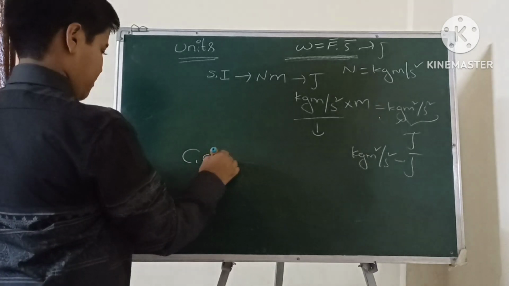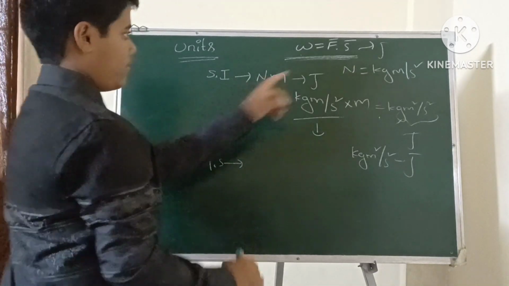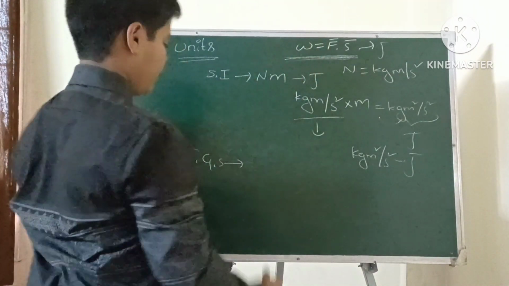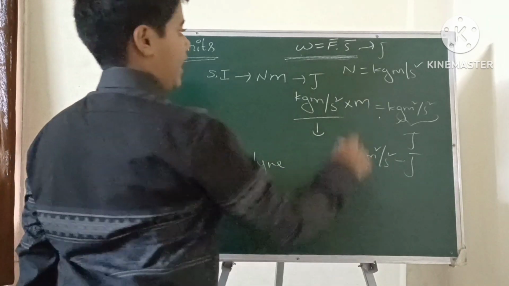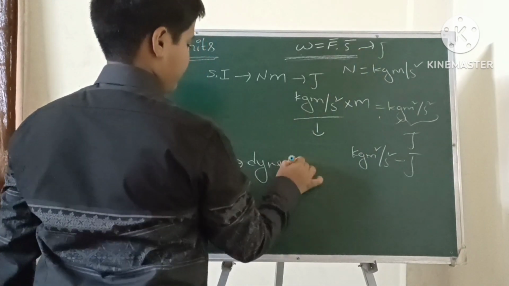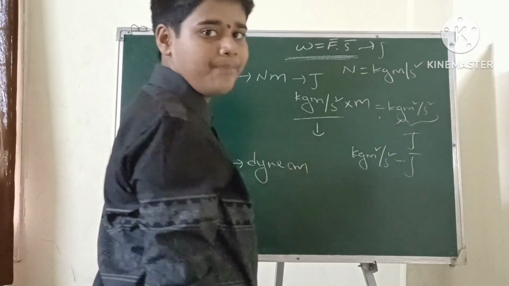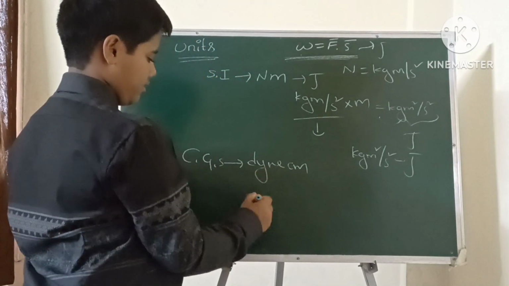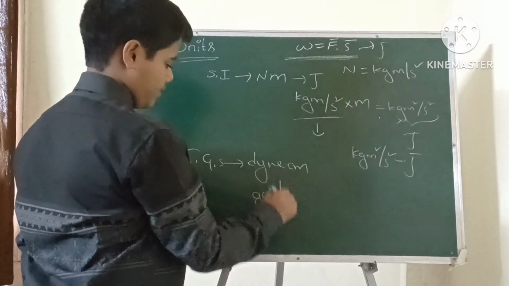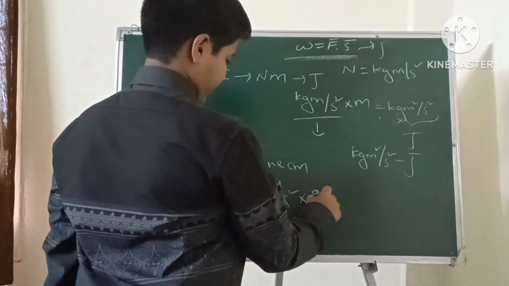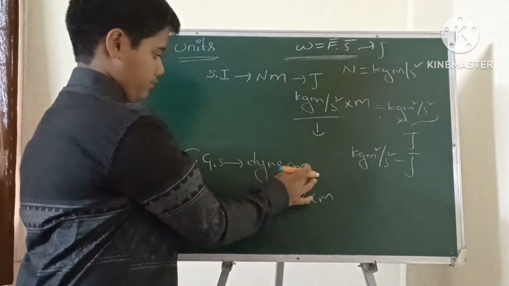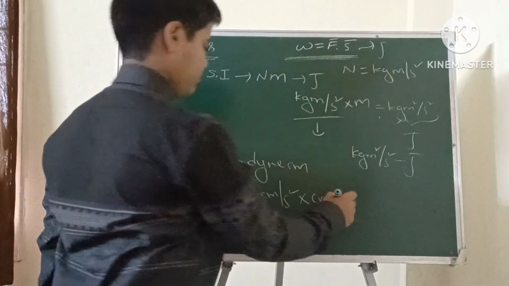So in CGS, the unit of force is dyne and the displacement is centimeter. Okay? Dyne is gram centimeter per second square, and into centimeter, because we have to multiply by centimeter.